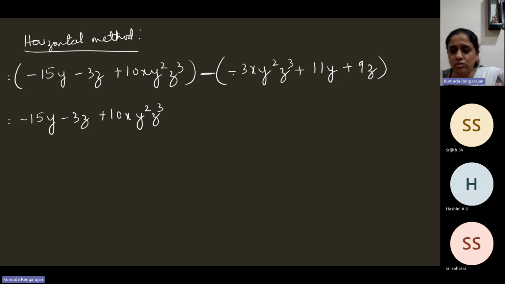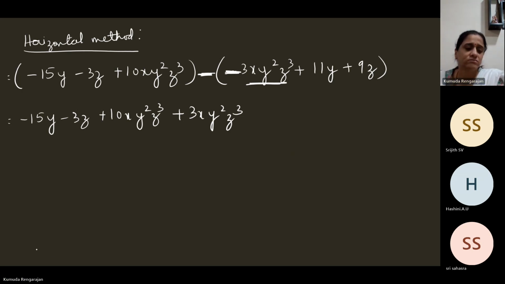So the terms will come out of the bracket, but with their opposite sign. So minus 3xy squared z cubed will come out as plus 3xy squared z cubed. See, this term has a minus sign. I'm not saying this minus, I'm saying this minus.